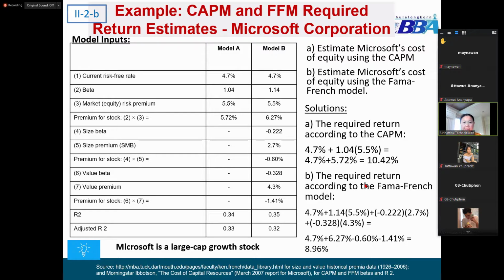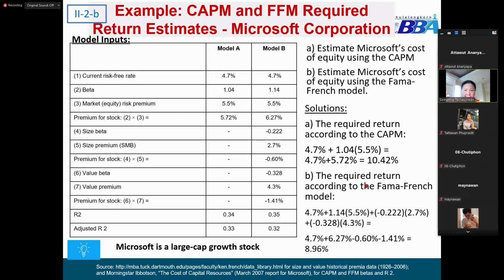The remaining level of risk is the systematic risk, the undiversifiable risk, which theoretically, by definition, is supposed to be positive, right? Because it's the remaining risk that cannot be diversified.